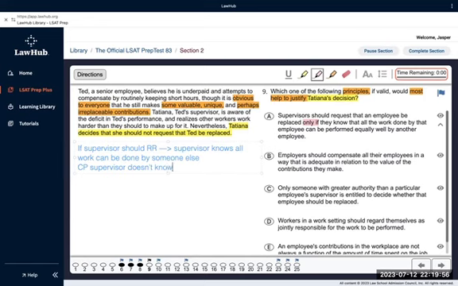So if the supervisor doesn't know, then the supervisor should not request replacement, which is the conclusion that Tatiana comes to, right? So can we say, based on the information we've been given, that Tatiana doesn't know that all the work done by this employee can be performed equally well by another employee?